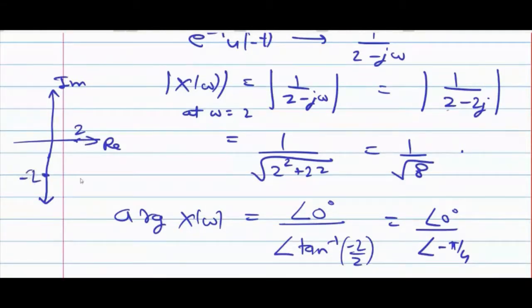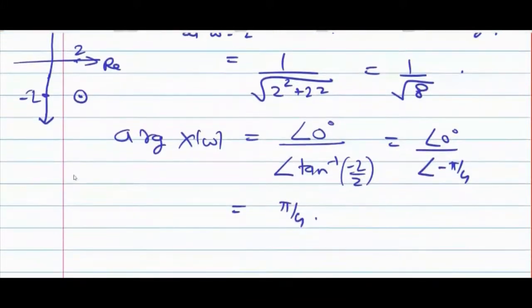These are present over here, in the fourth quadrant. Is the answer plus pi by 4 or minus pi by 4? Tan inverse minus 1 is minus 45. When it goes in the numerator, it becomes plus 45.